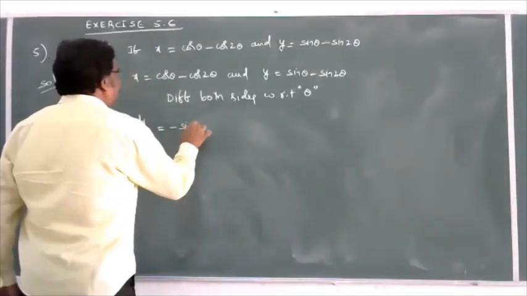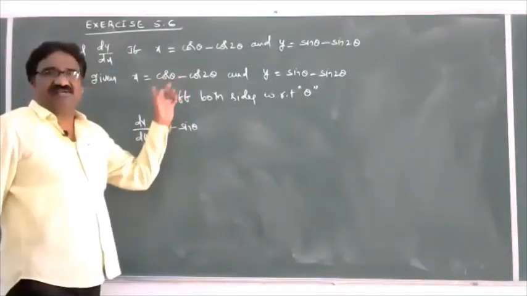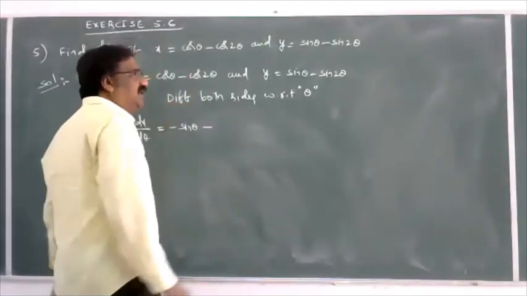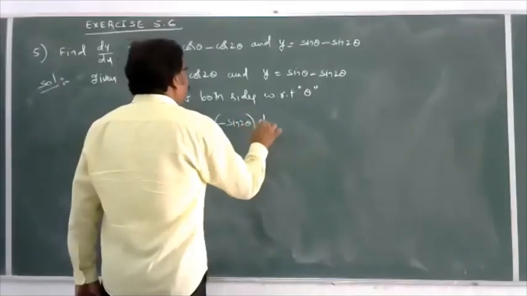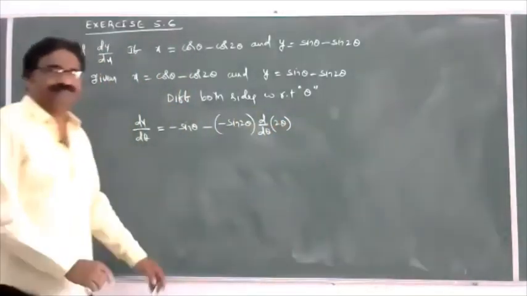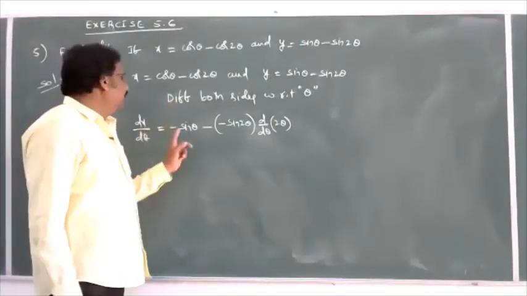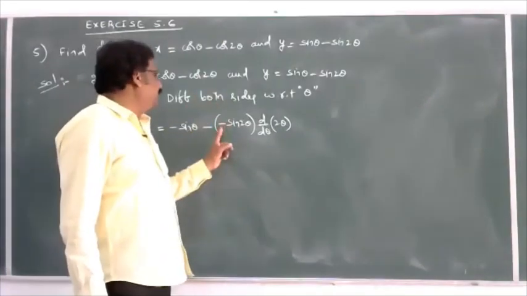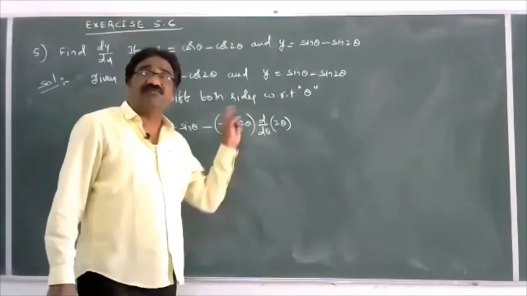Minus sin theta, minus cos 2 theta derivative, minus sin 2 theta into d by d theta of 2 theta, by using chain rule.